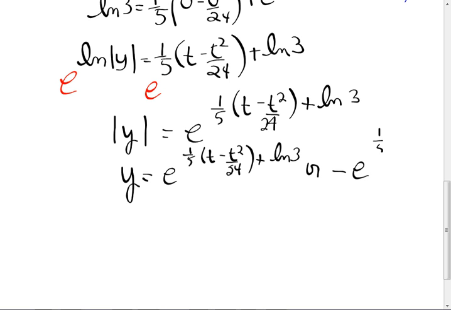This one's pretty easy to decide. Because if it had been 0, -3, then it would be the other one. But it goes through 0, 3. So 3 equals e to the 0 plus the log of 3. Yep, that's true.